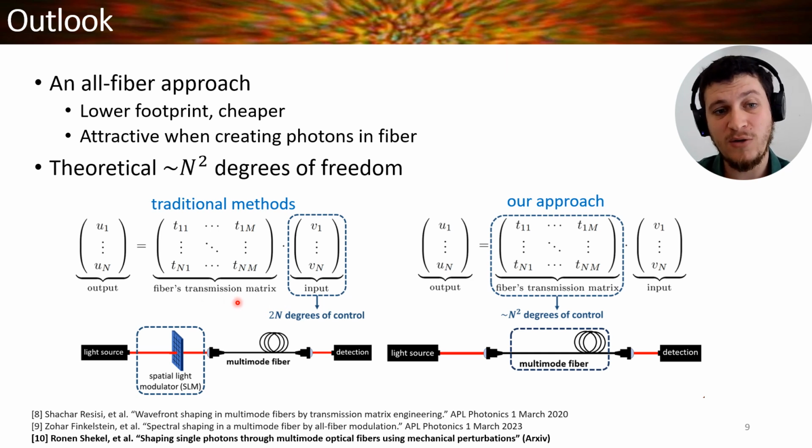What traditional methods do is shape the vector at the input of the fiber. However, in our approach, we actually change the transmission matrix of the multimode fiber. So instead of acting on the n degrees of freedom for an n-mode fiber, we actually have n squared degrees of freedom, allowing us theoretically to create these general transformations with a much larger degree of control, which isn't possible using the traditional methods with SLMs.